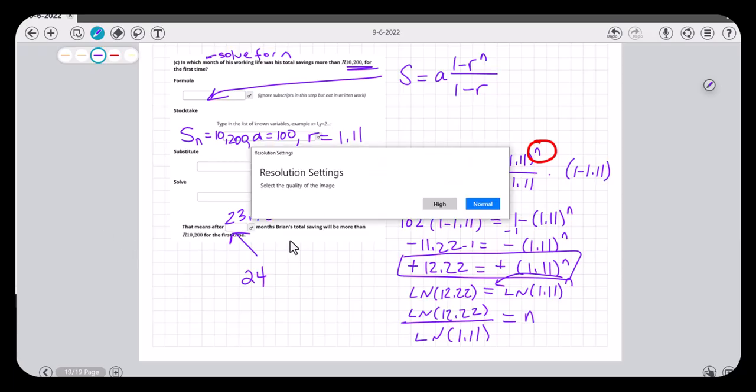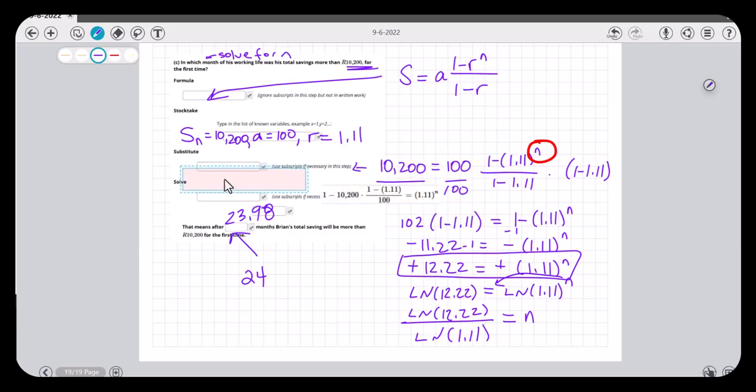You can see by looking at this, this is what I did over here, right? This is just going through all the steps, because notice I divided by 100, then I multiplied by 1 minus 1.11, and then I subtracted the 1. So this is what they want for that piece right there. All right, there you go. Crazy, right?